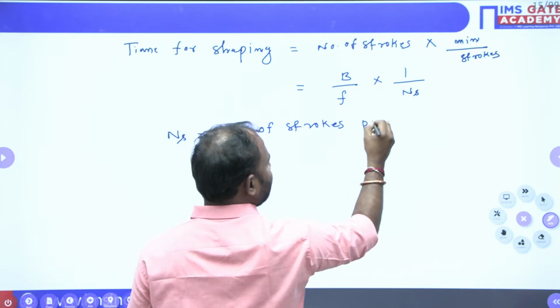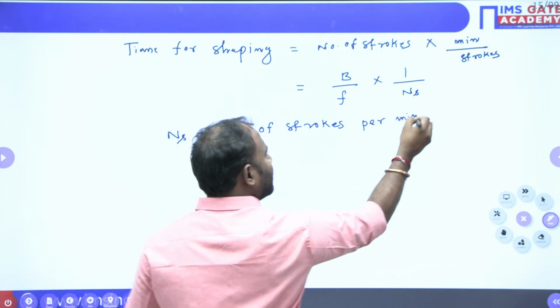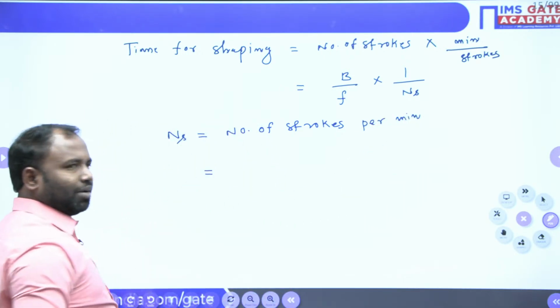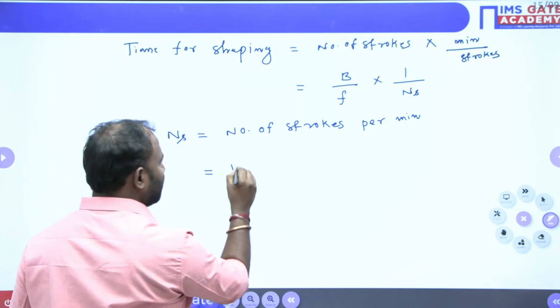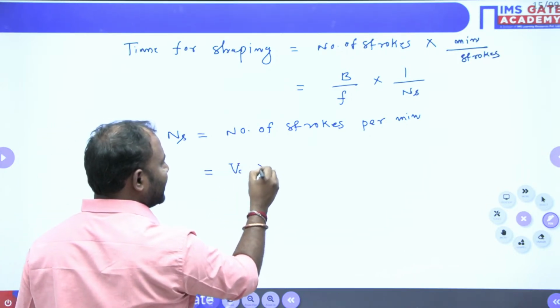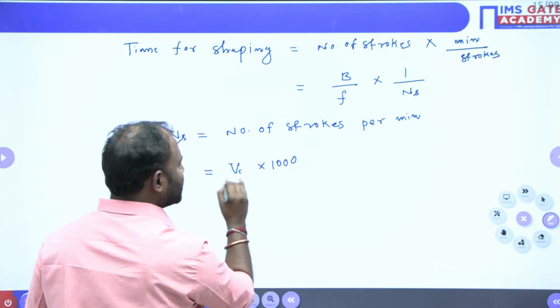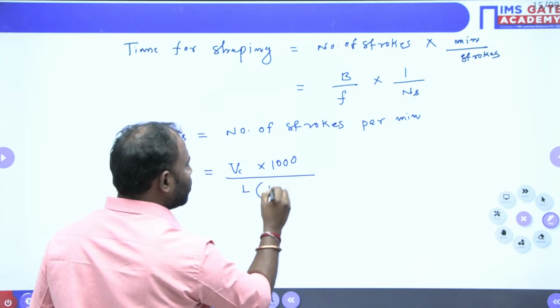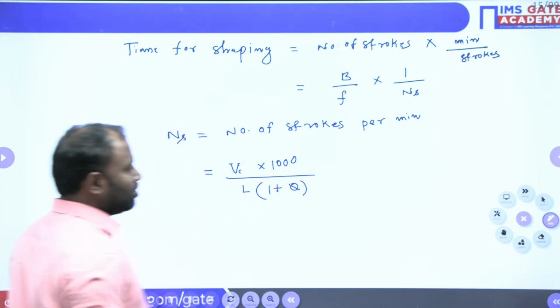Now this number of strokes per minute can be calculated as the cutting velocity into 1000 divided by L into (1 plus Q). This is the formula.